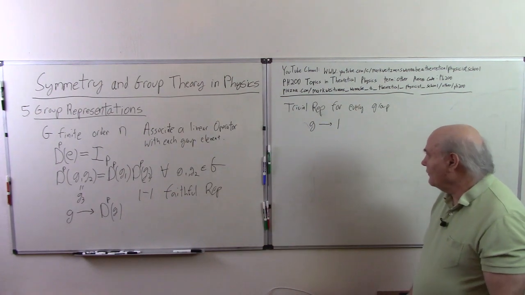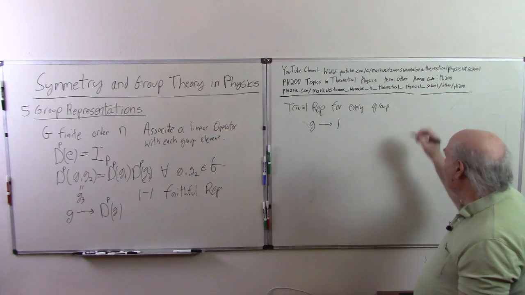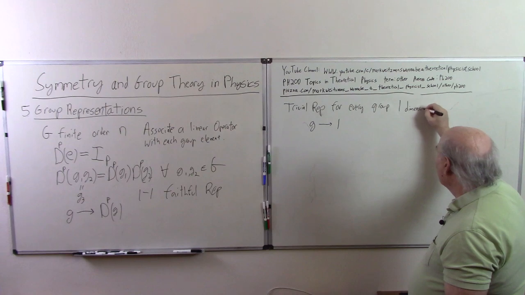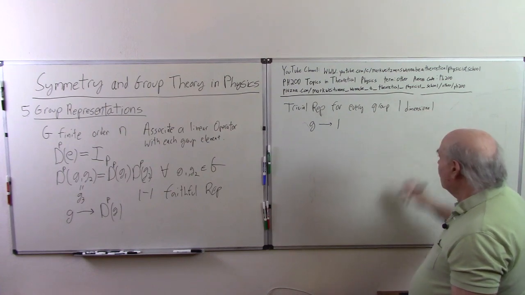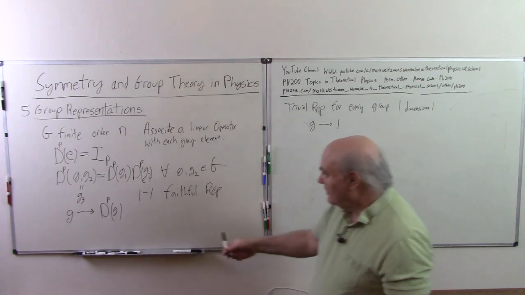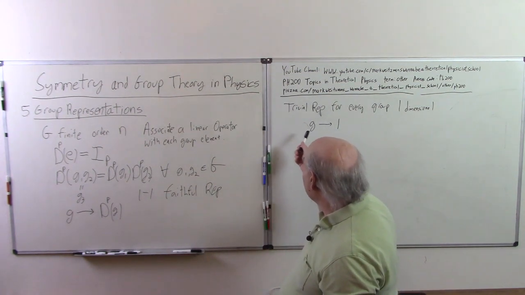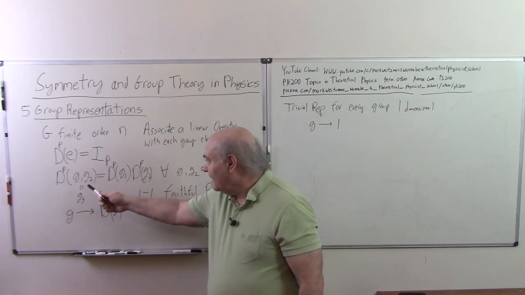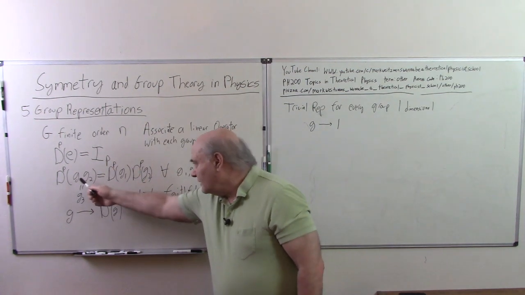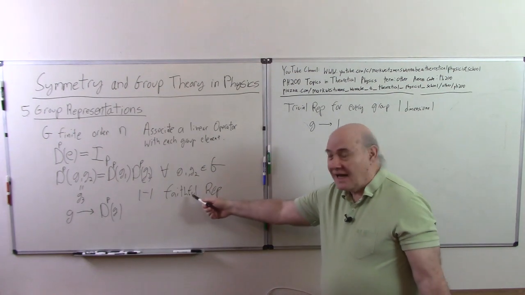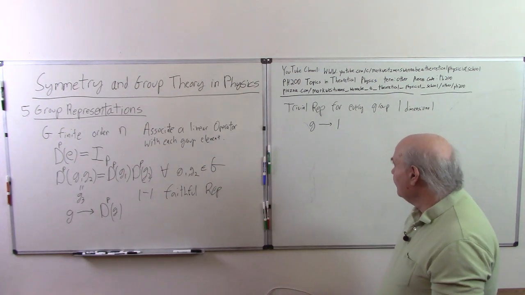This is a one-dimensional representation, and we simply map every group element to the number 1. Clearly the identity element in one dimension is just the number 1, so this is satisfied, and 1 times 1 is 1. So this is the trivial representation, and it's definitely not a faithful representation.